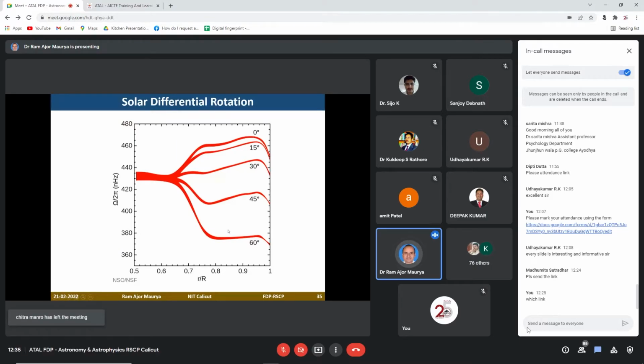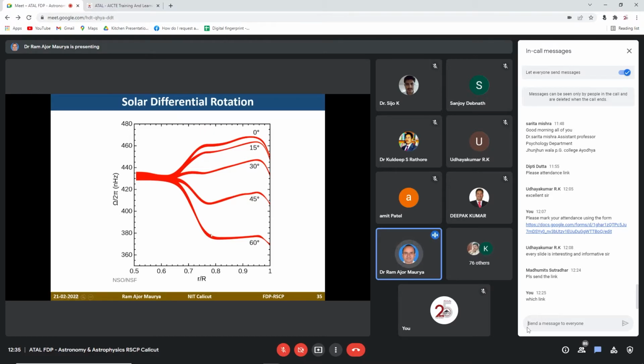So here we have the differential rotation, showing how the interior of the sun is rotating. Here we have 0 degree latitude, 15-degree, 30-degree, 45-degree, and 60-degree latitude, and here we have the rotation rate.